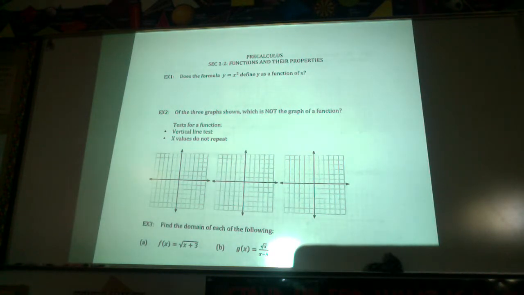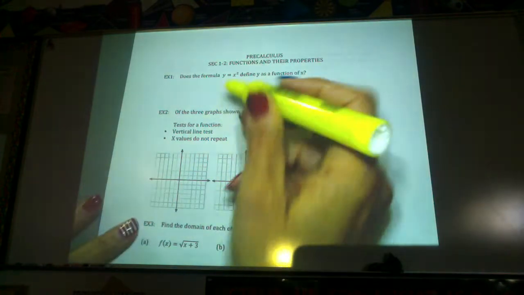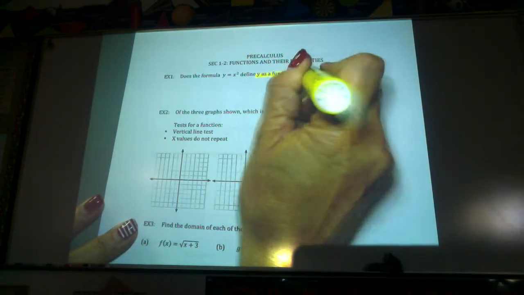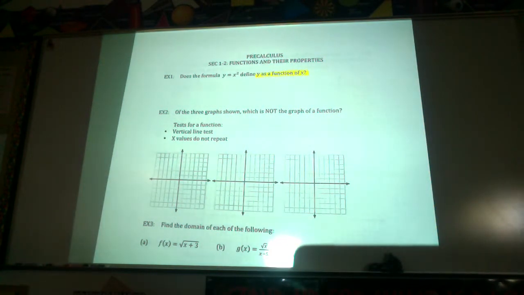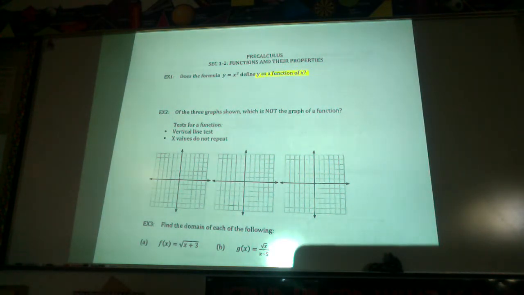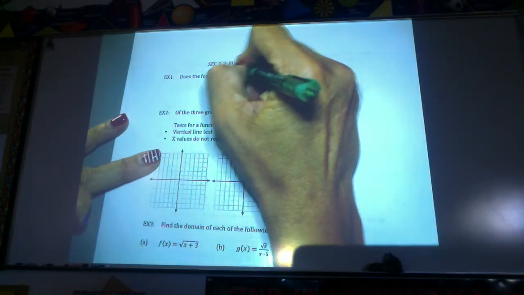Question 1, does the formula y equals x squared define y as a function of x? So you're going to see a lot of function notation in pre-calc. Calculus uses it a lot, and so you won't see me avoiding it. The x is your input.